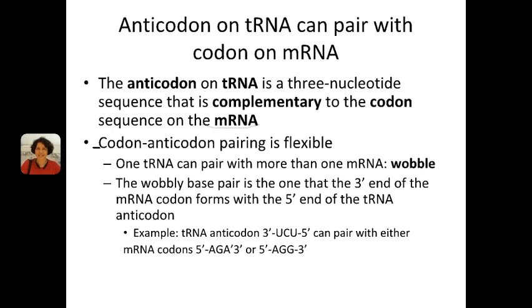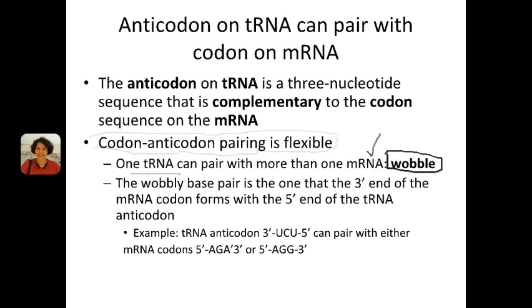Now here we learn something interesting. The codon to anticodon pairing is flexible. So one transfer RNA can sometimes pair with more than one messenger RNA, and that characteristic has been called wobble.